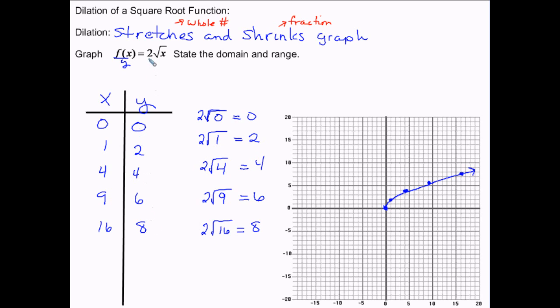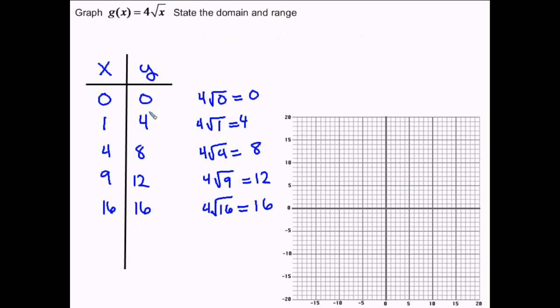We've doubled all of our y values by putting a 2 out front. And here I've got 0, 4, 8, 12, so I'm quadrupling. That's what this dilation does. So the number out front that's a whole number is going to take all of your y values and make them times that number.